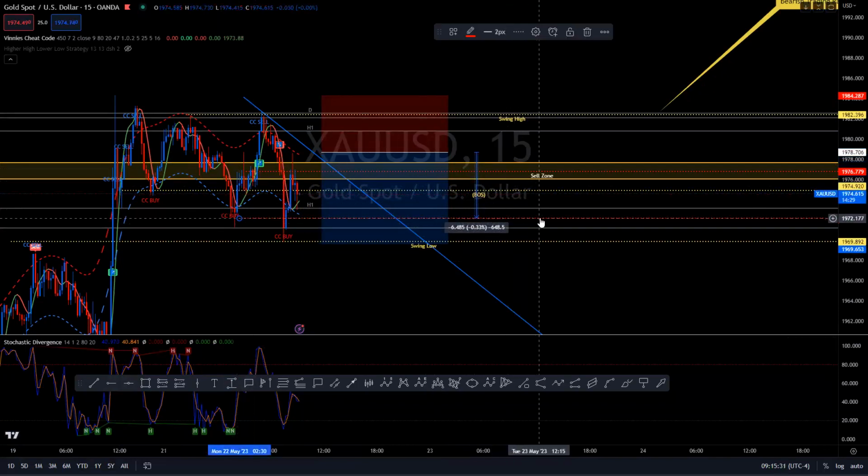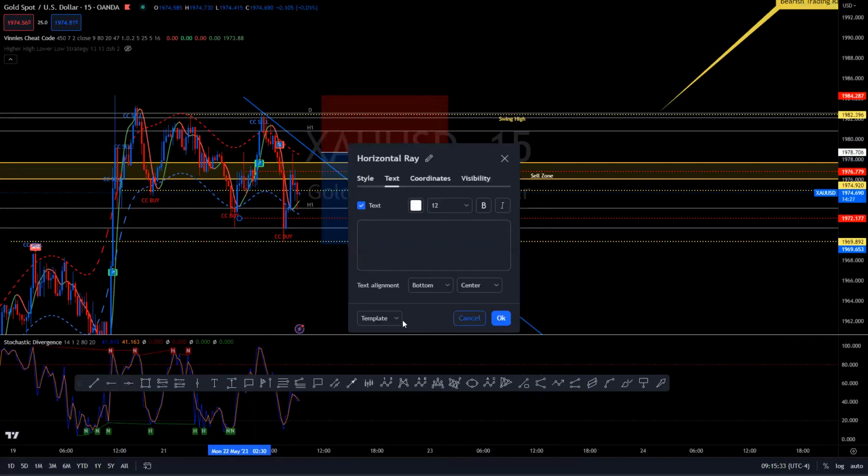So this is going to be my TP1, over 600 plus points. That's what I'm looking at.